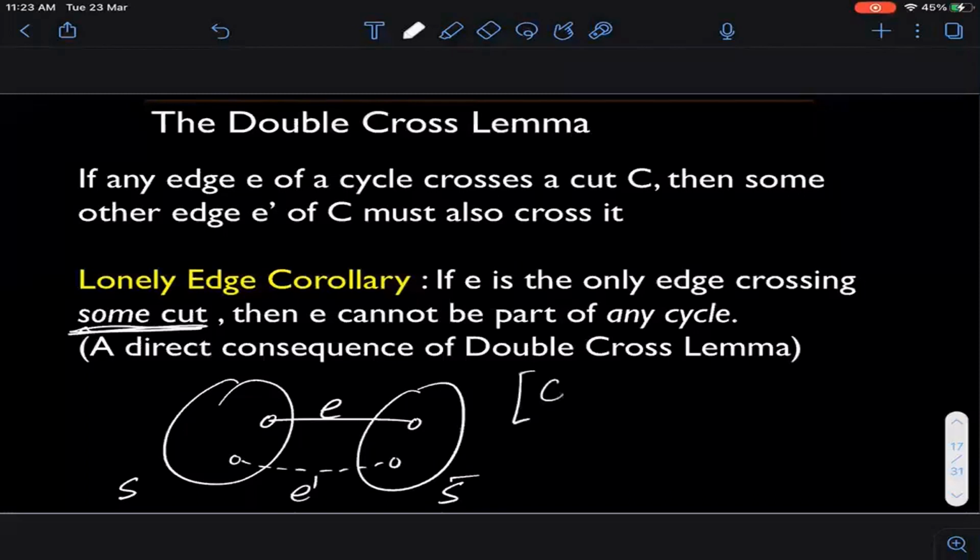If E is a lonely edge, then it cannot be part of a cycle, because if it is part of a cycle, then there has to be another edge across this cut belonging to that cycle. So E cannot be the lonely edge.